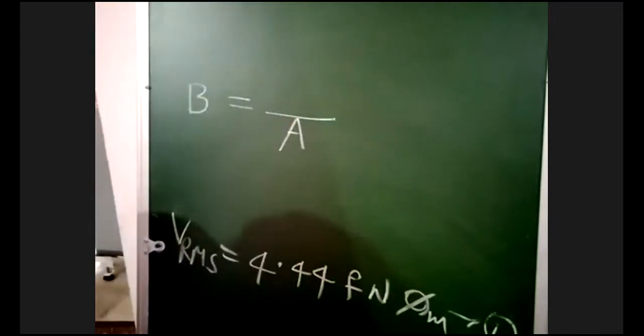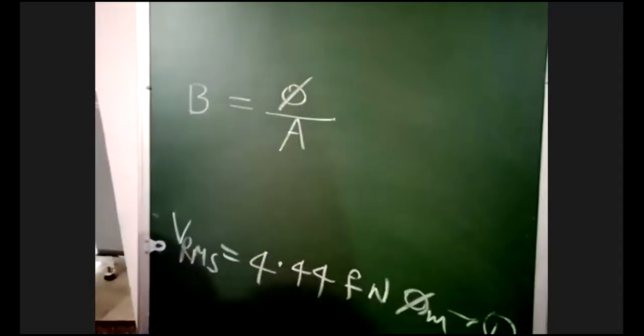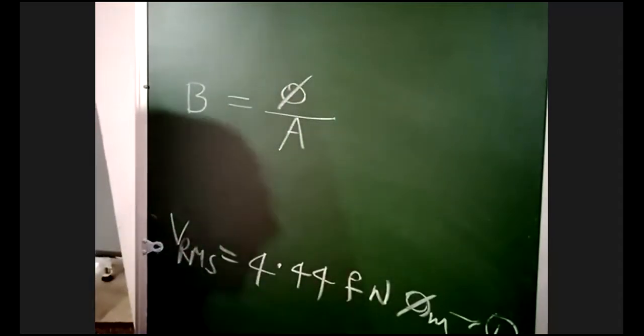If it is a surface density, divide by area. If it is volume density, divide by volume. If it is line density, it is divided by length. In the numerator, what will you get? Flux. Flux density means flux per unit area.